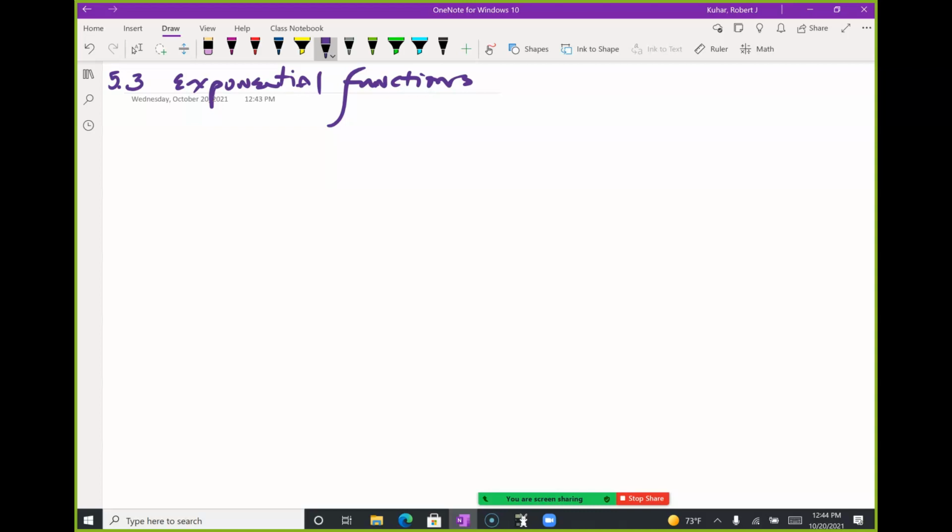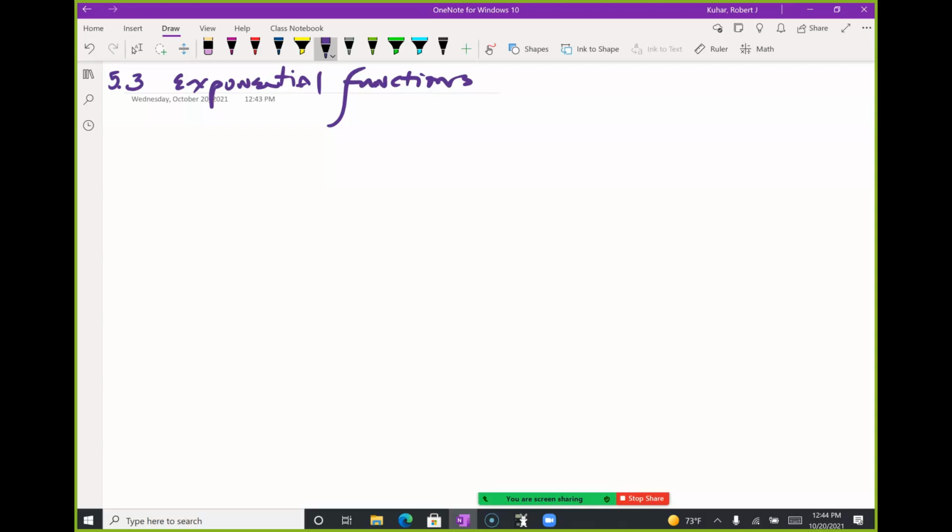Half-life, all of this kind of stuff, right? So population grows exponentially, money grows exponentially, right? Not my money, but other people's money, I guess. So finance, nature, these exponential functions and log functions come into play quite a bit.